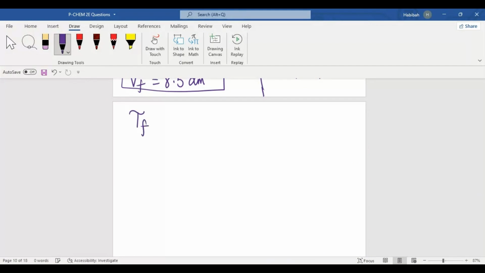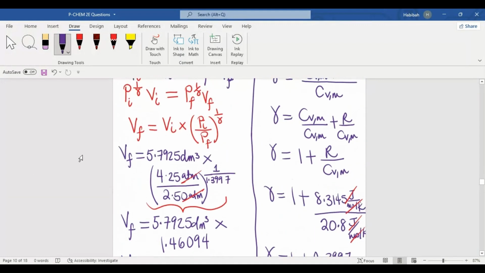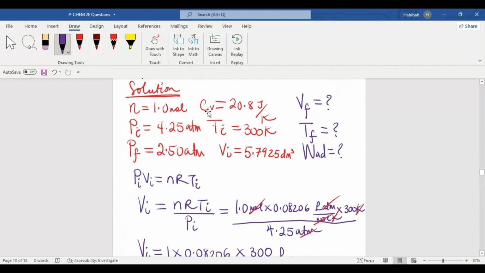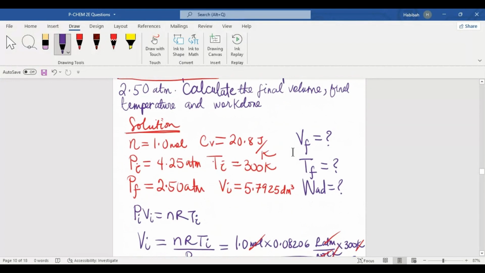The final temperature for an adiabatic expansion problem has the formula T final equals T initial times V initial divided by V final, raised to the power of 1 over C, where C is the molar heat capacity at constant volume divided by R. So Cv,m, the molar heat capacity at constant volume, we know to be 20.8 joule per mole Kelvin, since we have 1.0 mole of perfect gas.